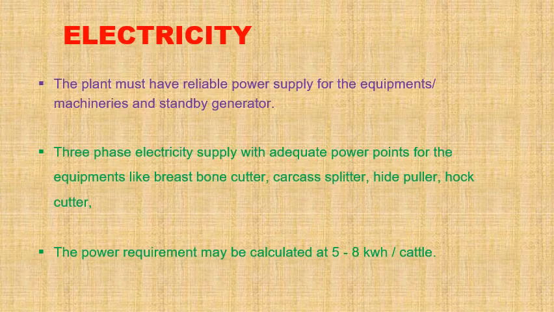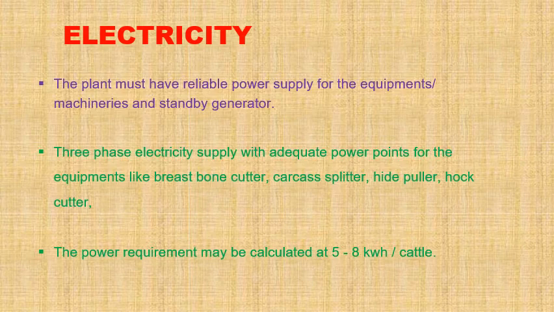Electricity. Electricity is the most important requirement for running any industry. So same is the case in an abattoir or meat plant. It is important for running all the machineries, etc. So the plant must have a reliable power supply for equipments and machineries, and there must be a standby generator.